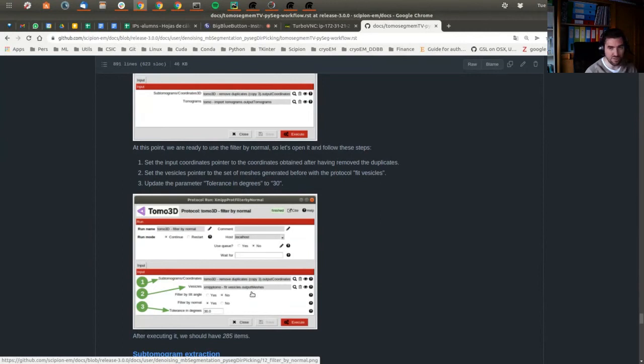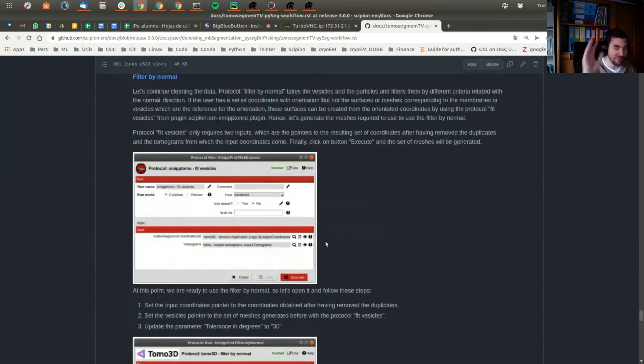It's the protocol explained this morning by David, which generates the polygonal surface containing all these coordinates, just to be able to determine the different orientations and operate with them, and to apply this filter. So, summarizing, this is a representation required to apply the filter by normal protocol. So we just generate it, and that's it.